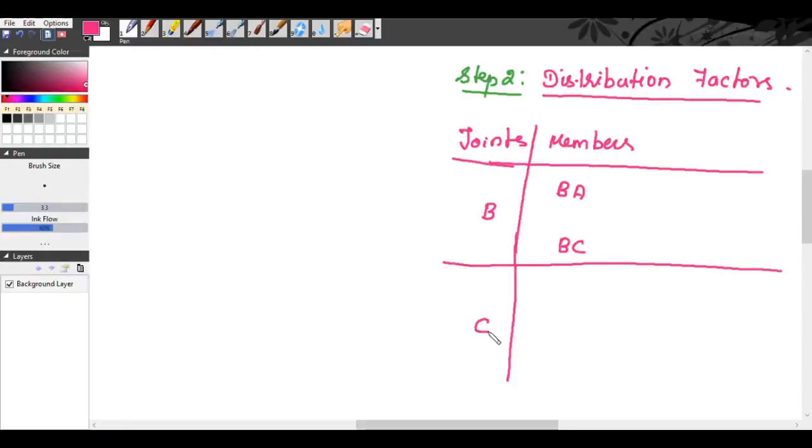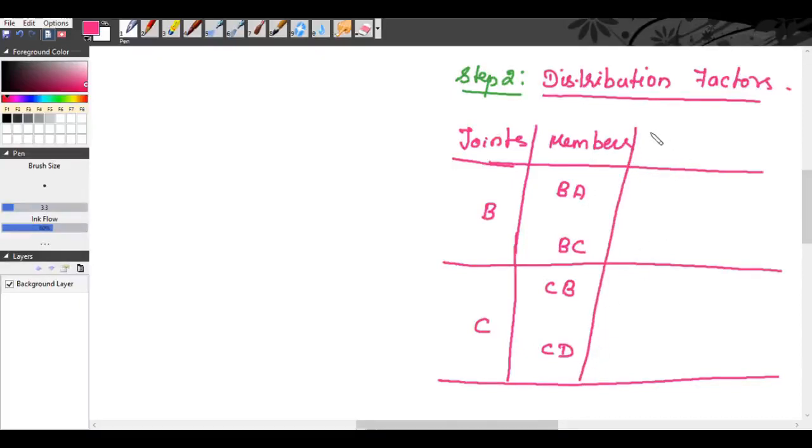Similarly, at joint C, our members are CB and CD.